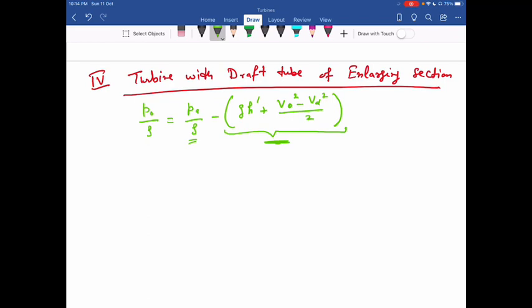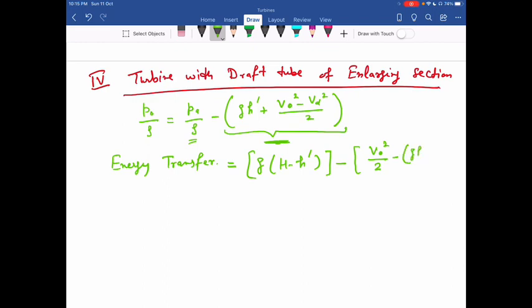Then you see the energy transfer. That energy transfer is equal to the energy at inlet, GH minus H dash, minus the leaving energy VO square divided by 2. From this, the extracted part is minus GH dash plus VO square minus VD square divided by 2.